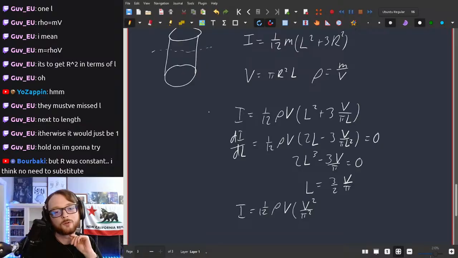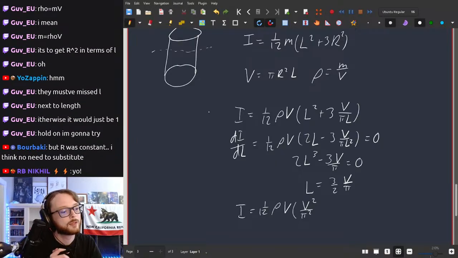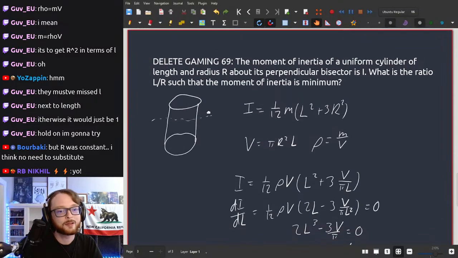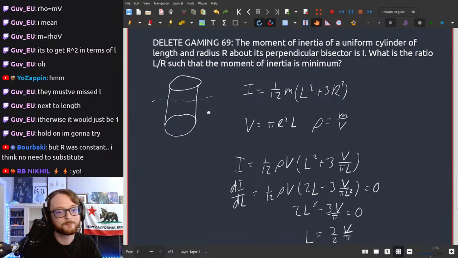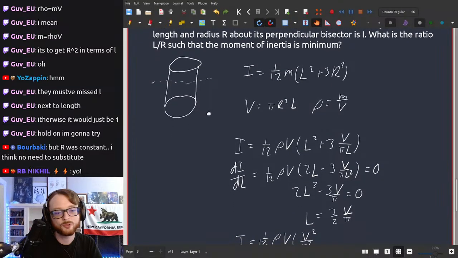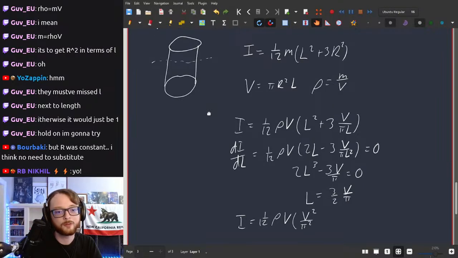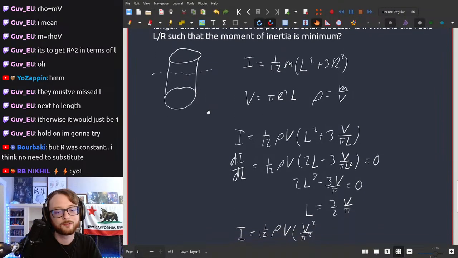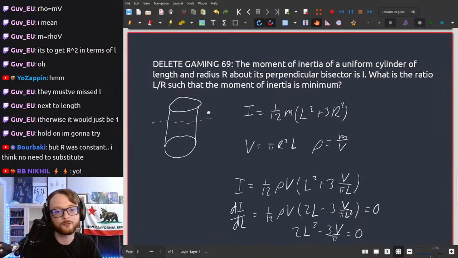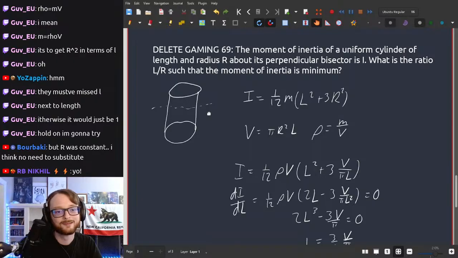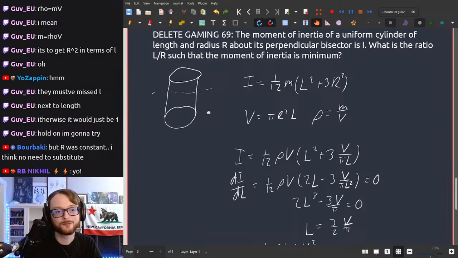Actually, I don't know that volume is a constant because the length depends on volume, right? I surely did something wrong. Or the volume depends on length. I'm not sure. If you can get anything that makes sense, let me know, but I don't feel like what I did makes sense, because I'm treating volume as a constant, but it's not necessarily a constant, because we're changing the length, so it kind of shouldn't be.